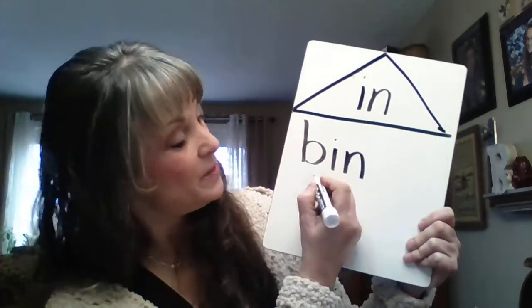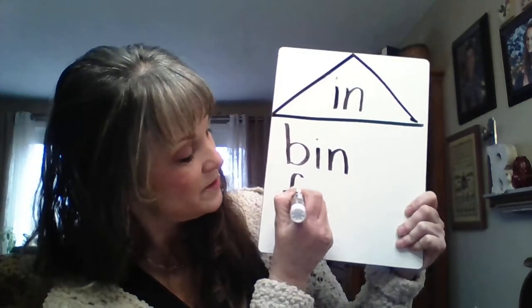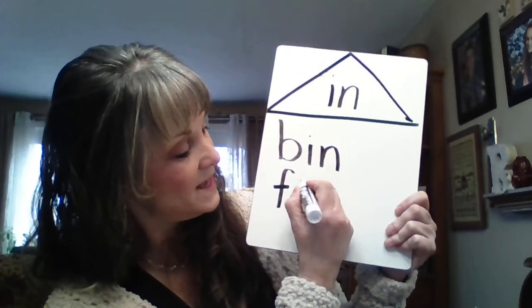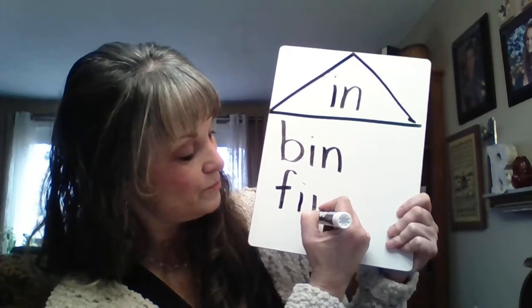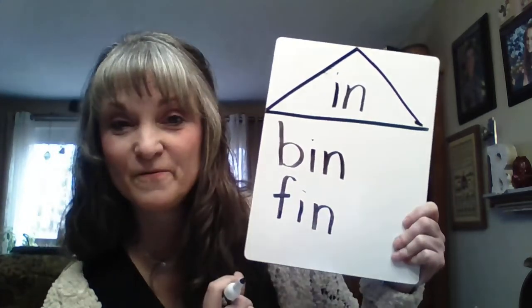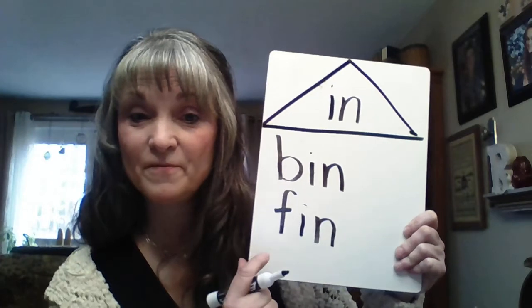That starts up on the skyline, goes back and curves around to the grass line, cross on the plane line. F, I starts on the plane line. And N, that starts on the plane line. Pull down, trace back up and around. Fin. So we have B, in, bin, f, fin.